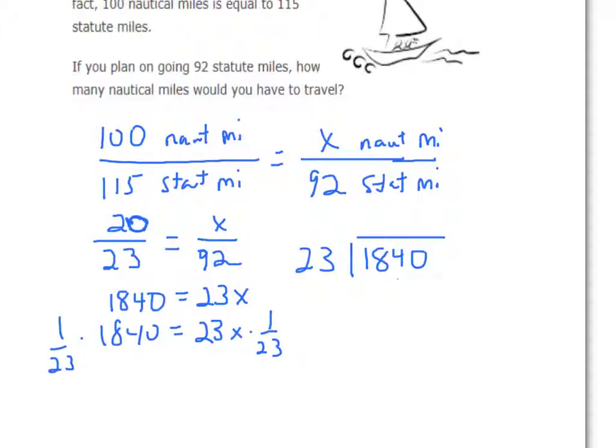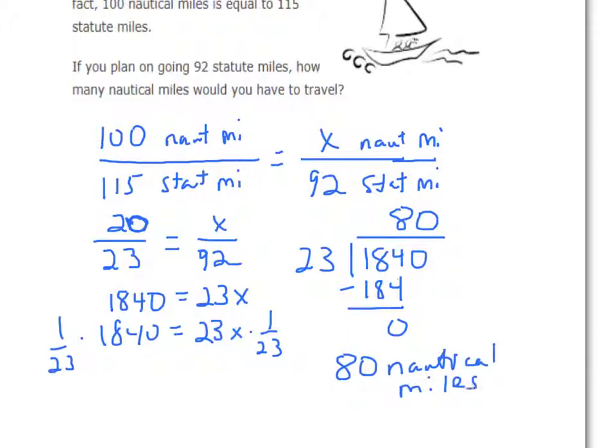That's good. 8 times 23 is 184, minus 184 is 0. So 80 is my answer: 80 nautical miles.